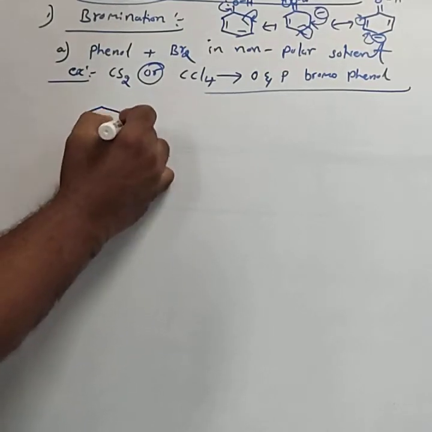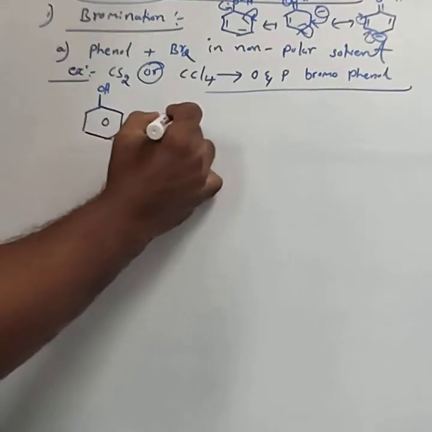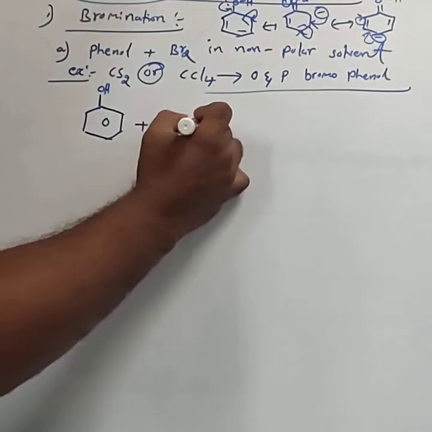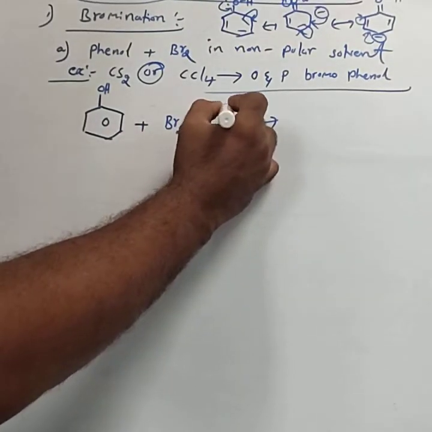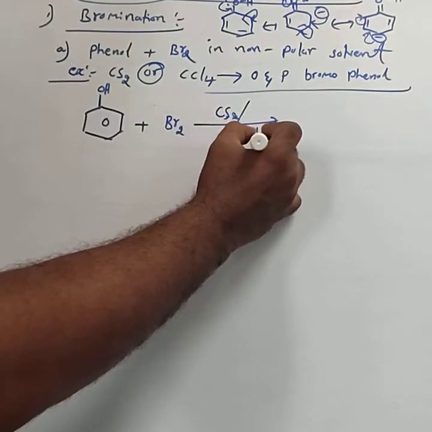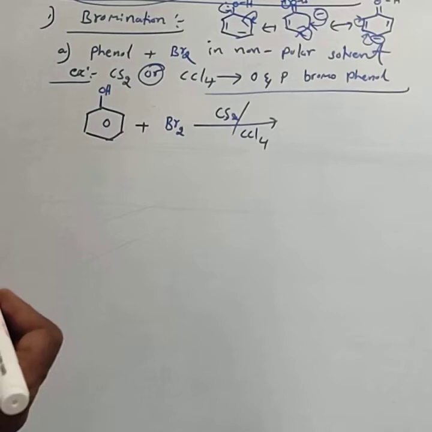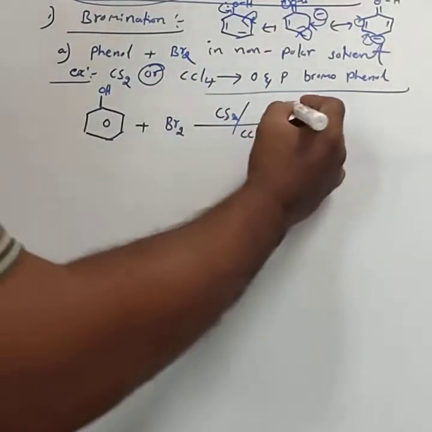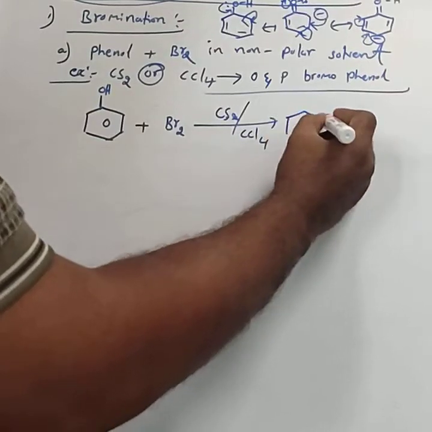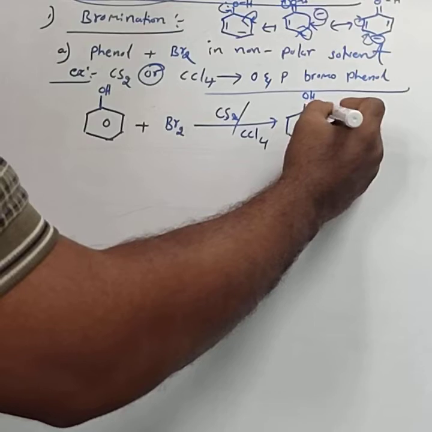You have to write the reaction. Phenol, OH, when treated with bromine in the presence of CS2 carbon disulfide or CCl4 carbon tetrachloride, a non-polar solvent. First consider the ortho product. OH, this is the ortho position.